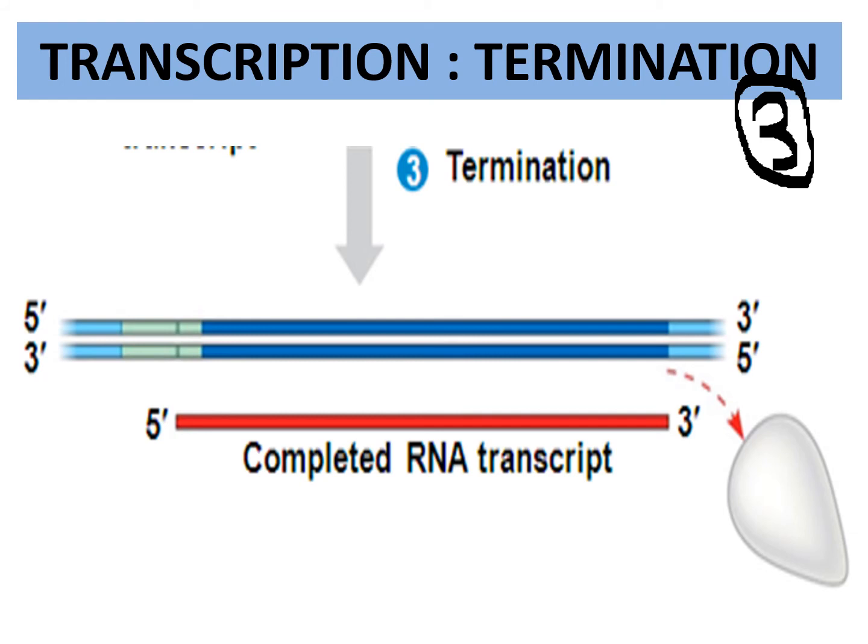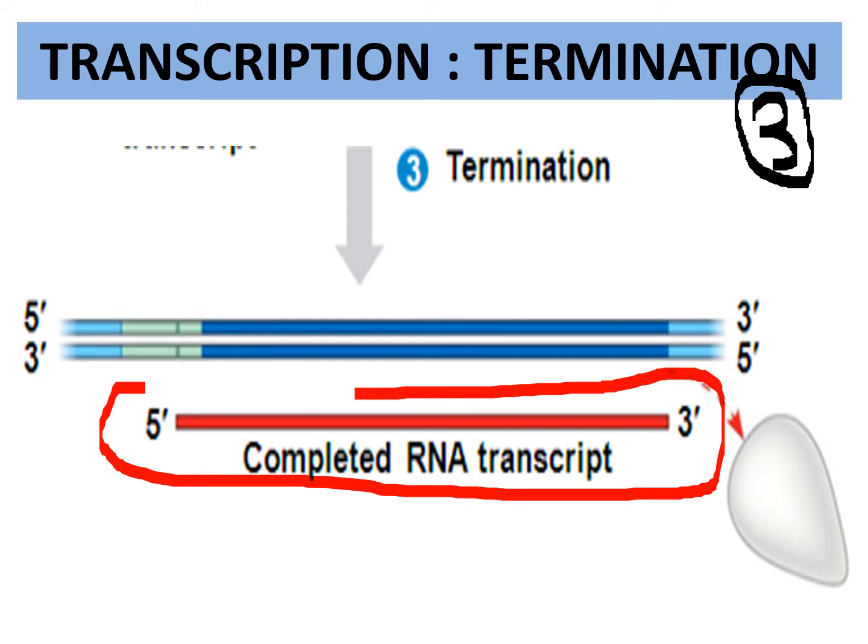We can see in this diagram that our entire pre-mRNA molecule has been transcribed, and as a result of that, your DNA molecule has gone back to its original structure. There are no longer any bubbles in that DNA, and the functioning of RNA polymerase is no longer taking place.